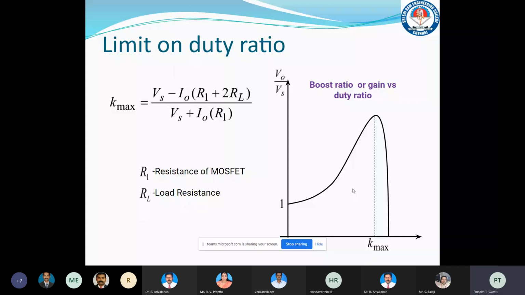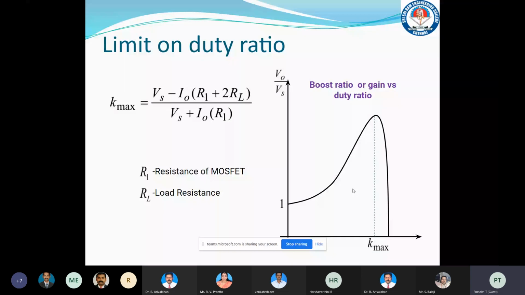So if you see the graph shown on the right hand side, it gives the relationship with the duty ratio. The curve shows that the gain varies from 1 to a maximum value which occurs at K maximum.